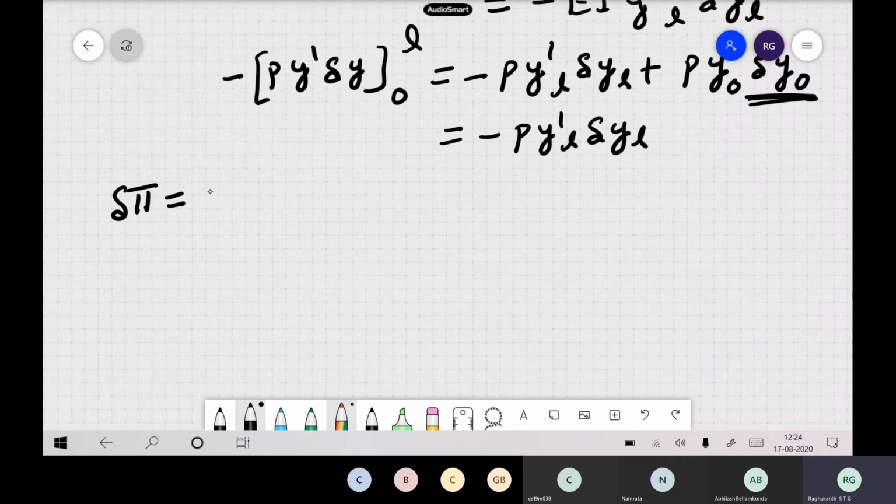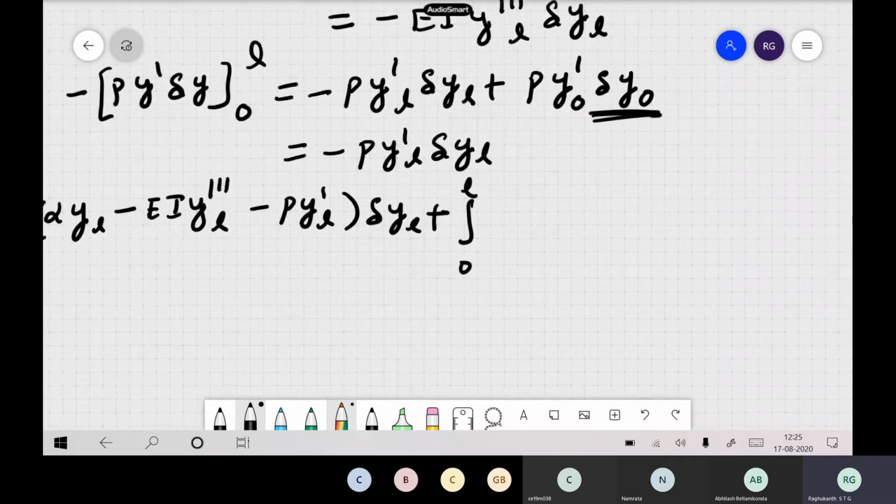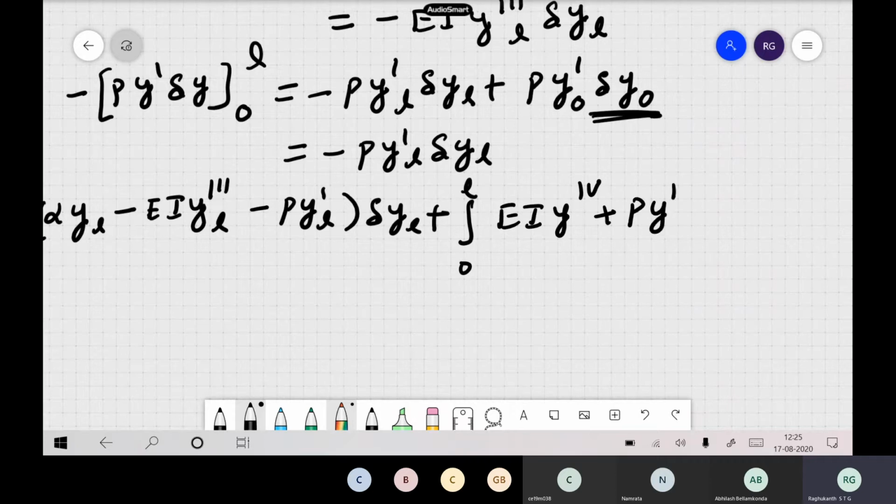So δΠ, this becomes alpha times y(L) minus EI y triple dash L minus P y dash L, multiplied by δy(L) kind of a thing, plus integral 0 to L of EI y fourth derivative plus P y double dash multiplied by δy into dx is equal to 0.